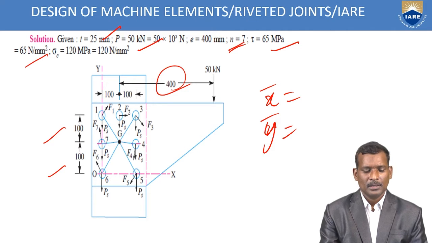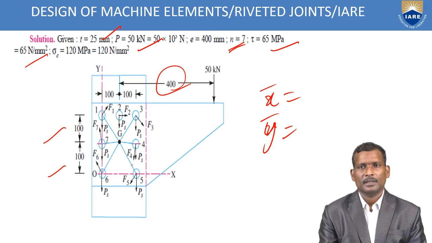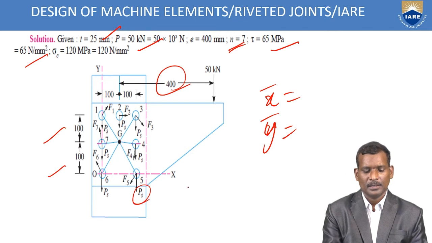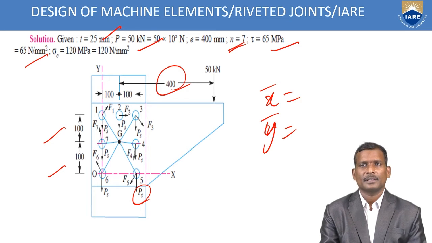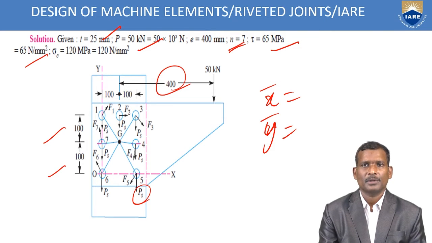Mark all the remaining points like L1, L2, L3 and F1, F2, F3, F4 up to 7. These are the direct shear stresses and the secondary shear stresses. Need to calculate these two stresses and then find the angle between them. Only then can you calculate the resultant of this shear load.